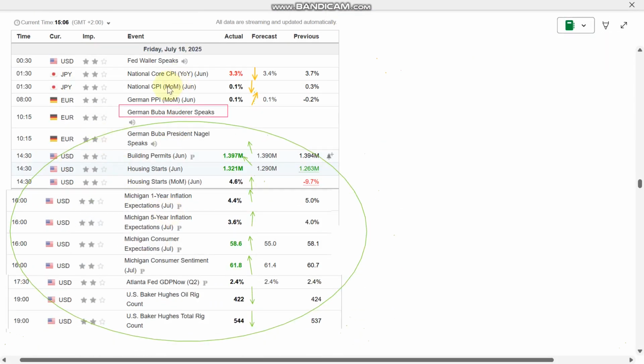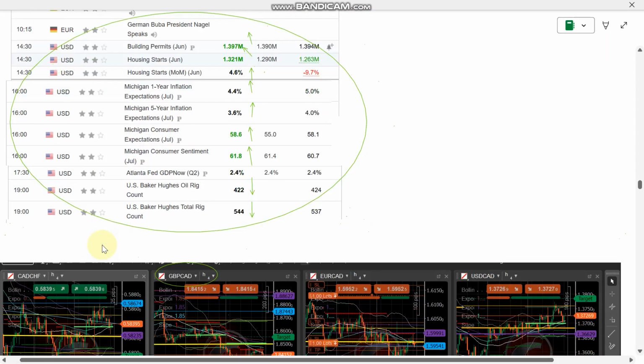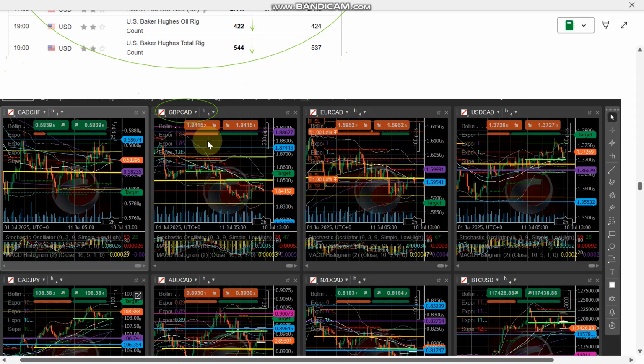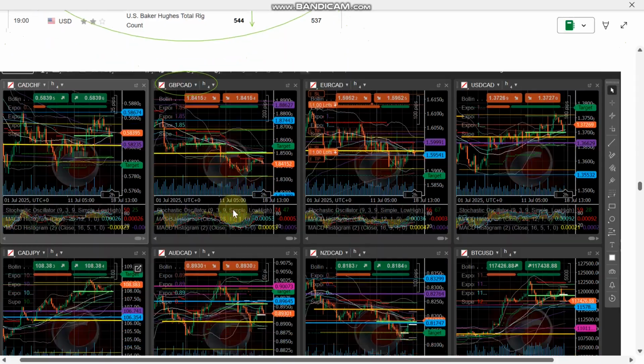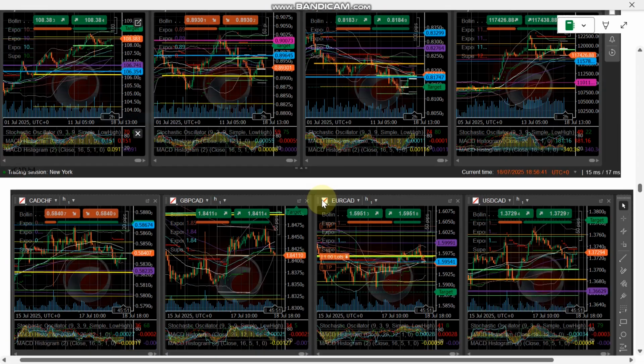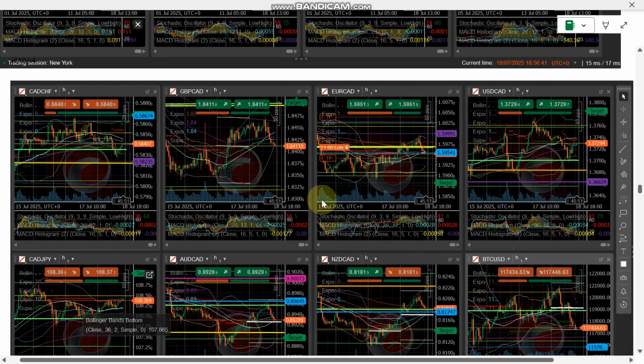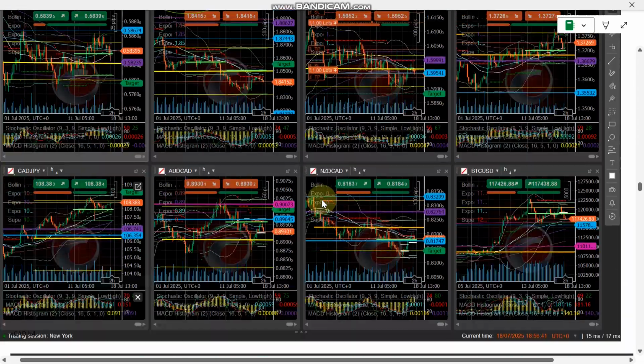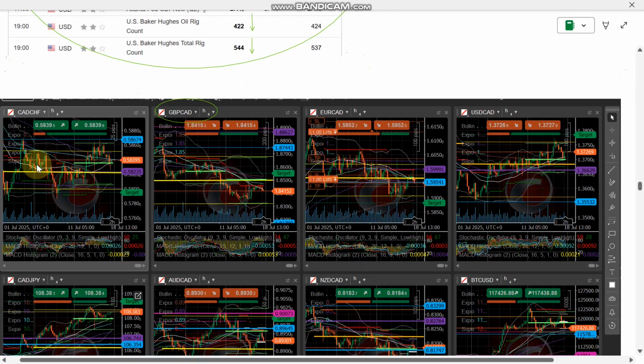The news on July 18 continues. 4 hours across the board for CAT. Okay, I'm not going to spend time here, just to see who is strong and weak. That's higher time frame, 4 hours.